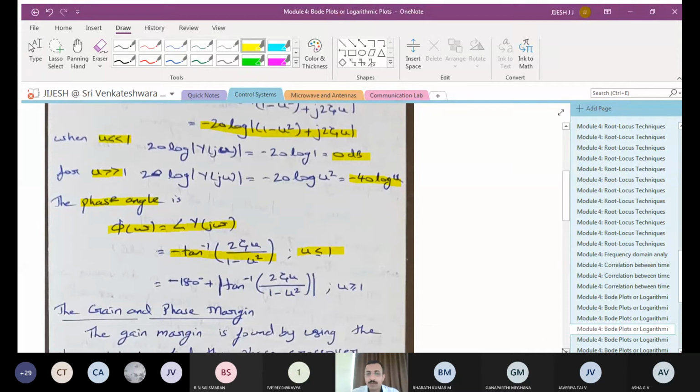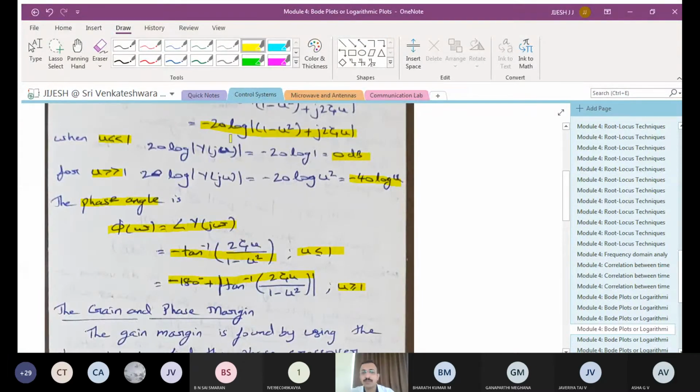When you further simplify that, you get minus 180 degrees plus the modulus of this for u greater than or equal to 1. So you have two conditions. When u is less than 1, you get minus tan inverse of this function, and for u greater than 1, you get minus 180 plus tan inverse of this one.